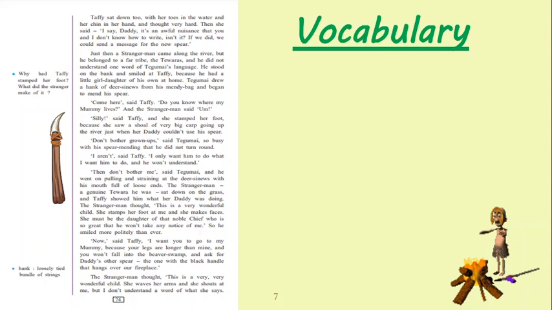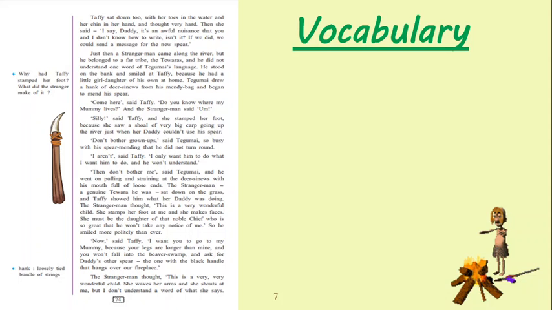"Don't bother grown-ups," said Tegumai, so busy with his spear mending that he did not turn round. "I aren't," said Taffy. "I only want him to do what I want him to do, and he won't understand." "Then don't bother me," said Tegumai, and he went on pulling and straining at the deer sinews with his mouth full of loose ends.